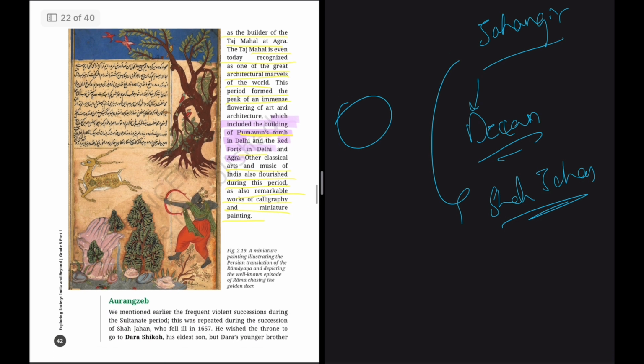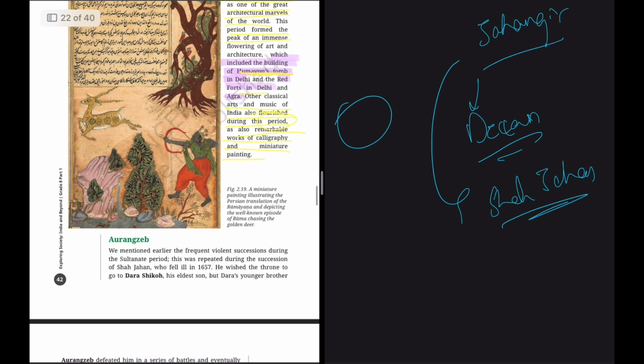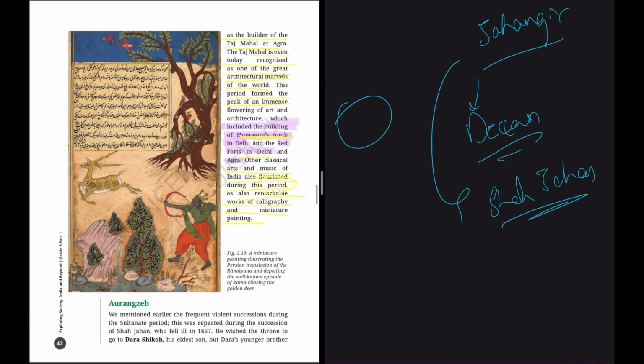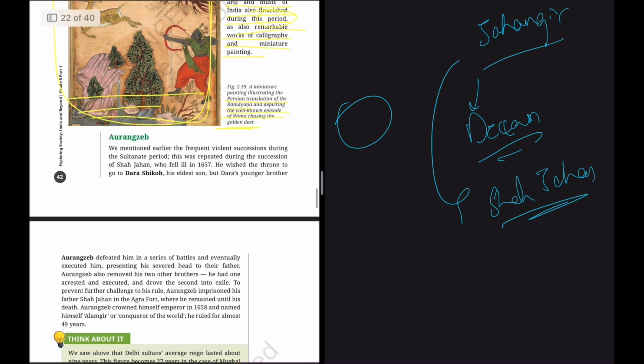So this was a miniature painting illustrating the partial translation of the Ramayana and depicting the well-known episode of Rama chasing the golden deer. This miniature painting flourished in those years.